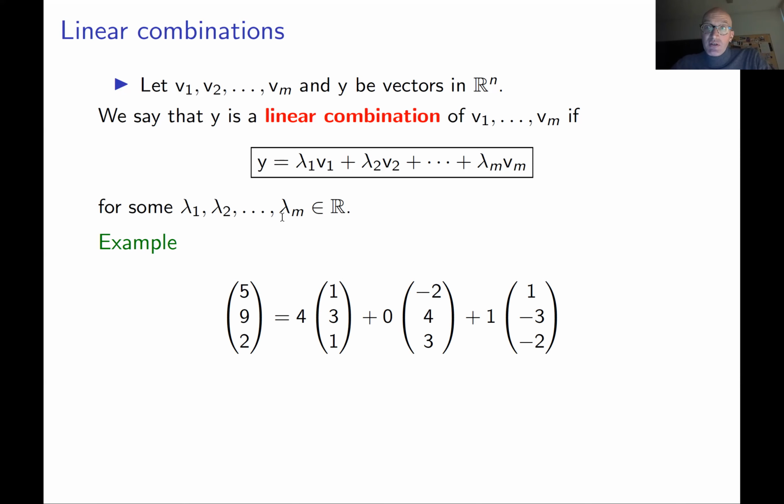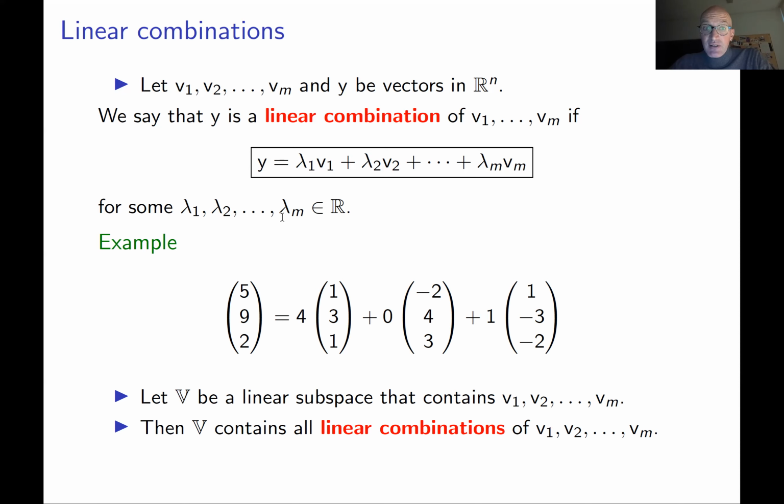Let now V be a linear subspace that contains these vectors. Then by definition, almost by definition, this linear subspace contains all linear combinations of vectors v1, v2, ..., vm. To be precise, you have to use the second and the third properties in our definition of linear subspace, plus maybe some induction.